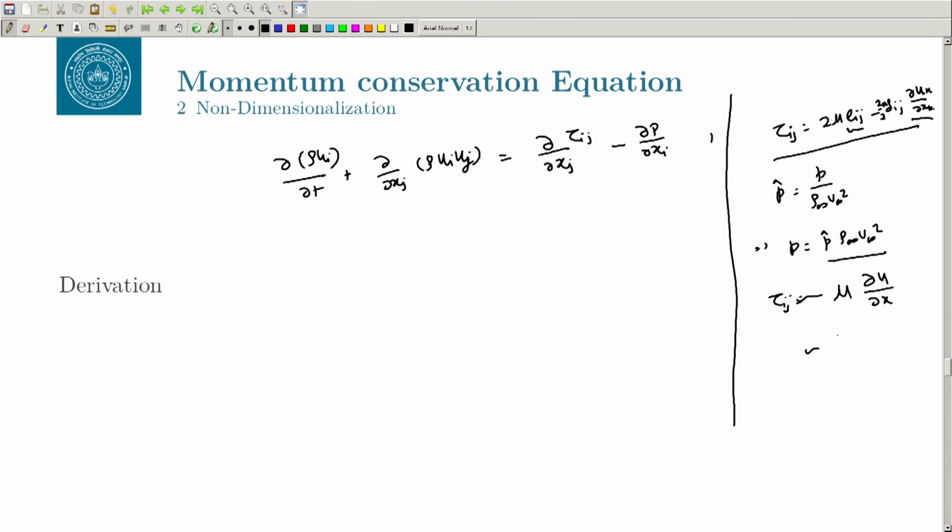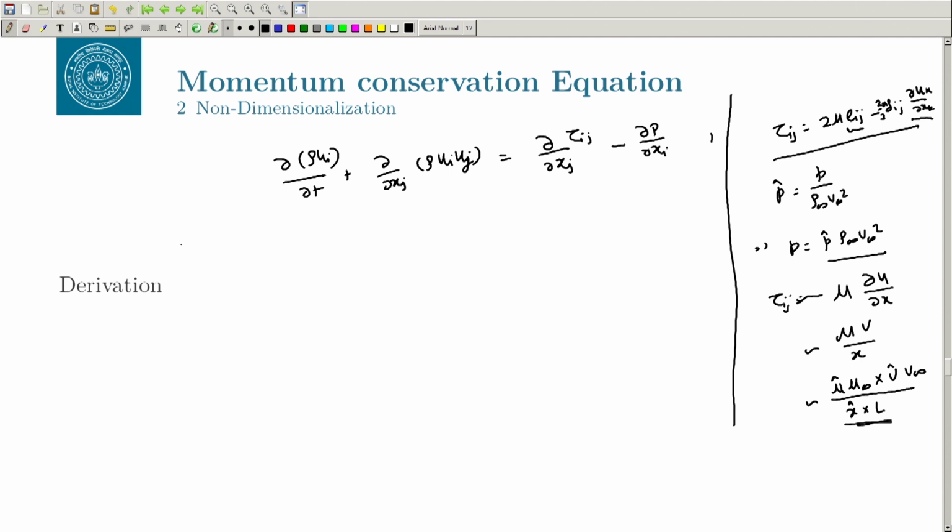So, basically this is mu u by x, so you can write it as mu hat mu infinity into u hat u infinity by x hat into L, right. So, let us use those relations. You can be more precise and use u_i and all those things, but it will come to a similar nature, right.